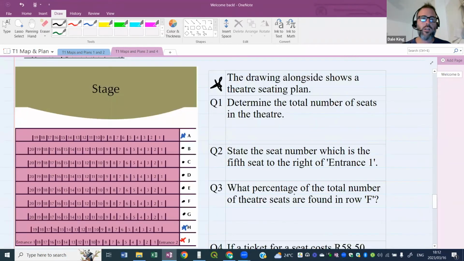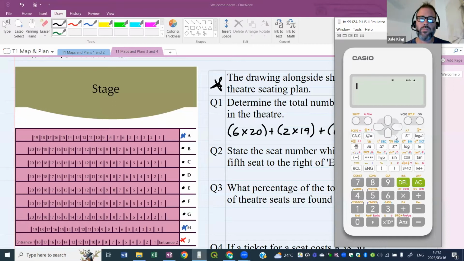So how does this look in terms of calculations? Well, we can build one whole line of calculations here, and I'm going to use brackets. We've got 6 rows that have 20 seats, and I'm going to add that to 2 rows which have 19 seats, plus 1 row that has 18 seats. Now we get the calculator out.